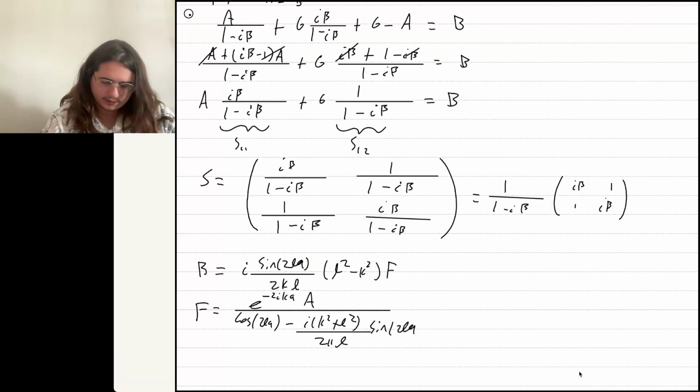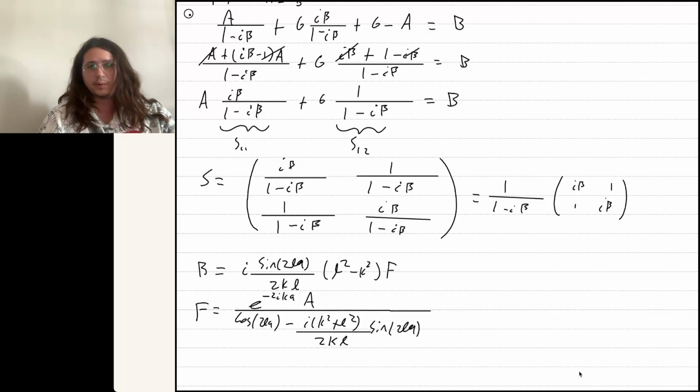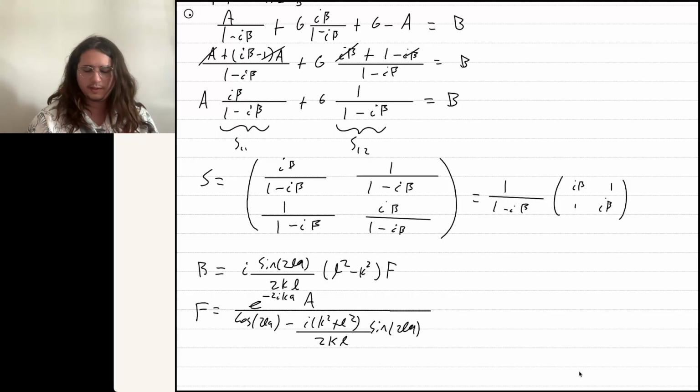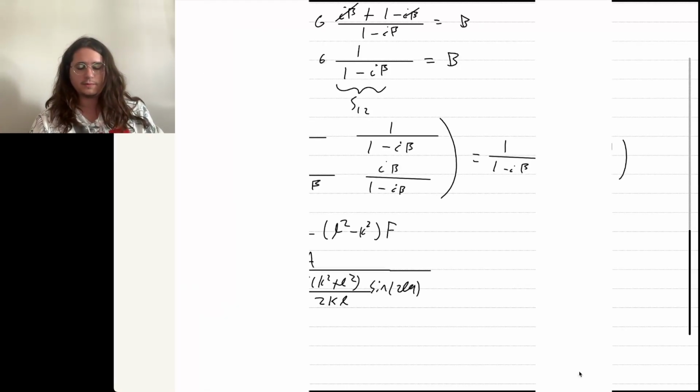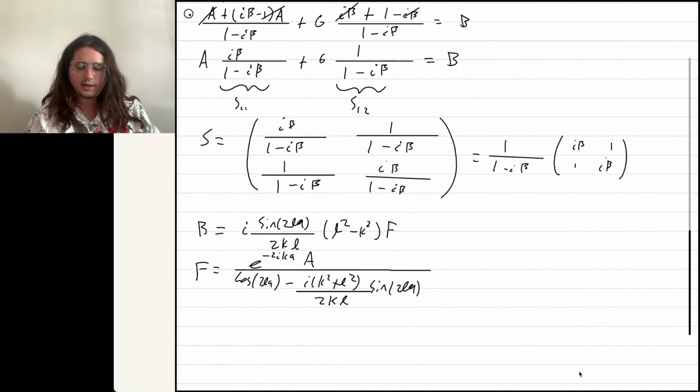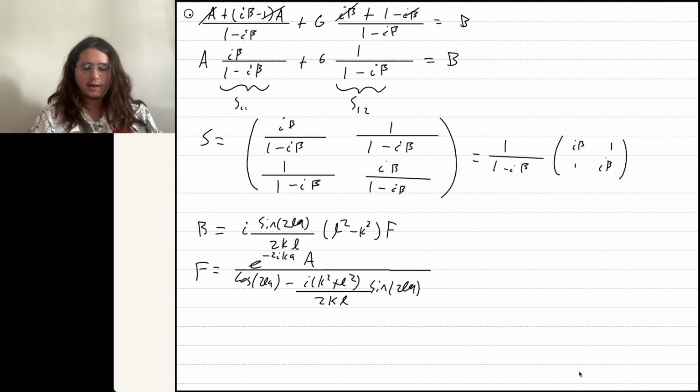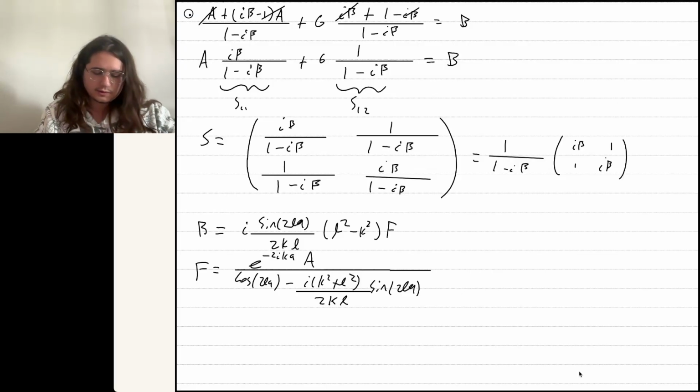Right, there's a lot more terms on these guys, but that doesn't mean that the problem is more complicated. It's just more writing. But we do need B in terms of A and G, not in terms of F. So let's go ahead and plug F into the B equation.